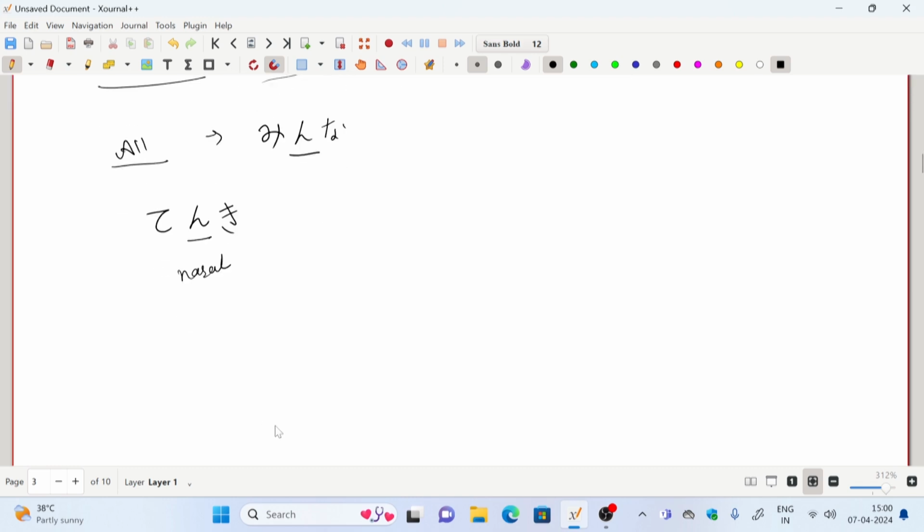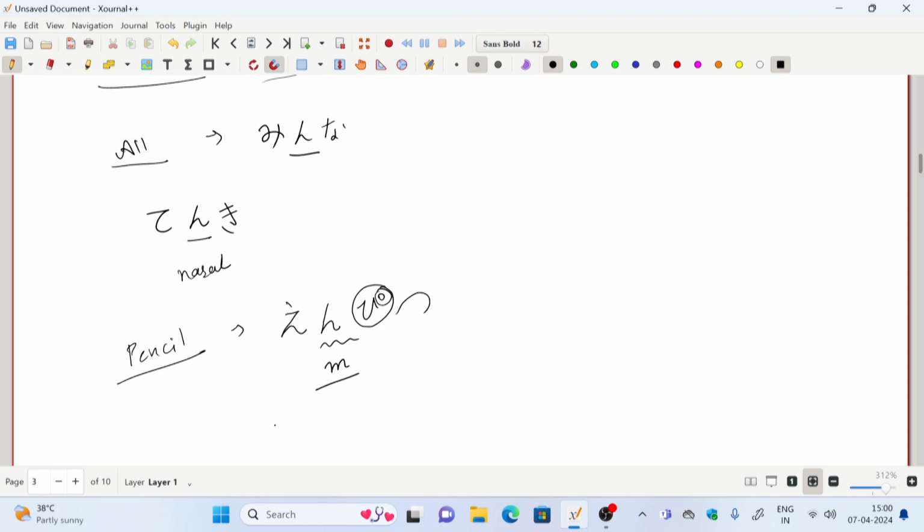Next is empitsu. The word for pencil is called empitsu. So we'll write e, nasal sound, pi, tsu. When there is this maru coming after the n sound, it will be pronounced as m.